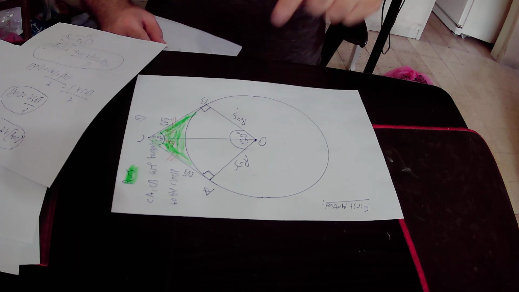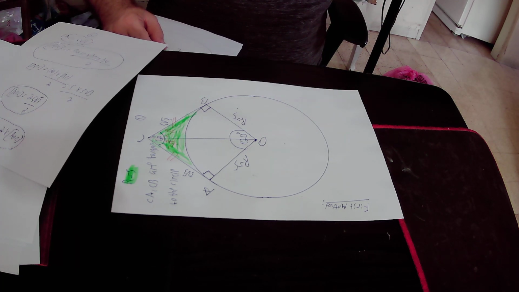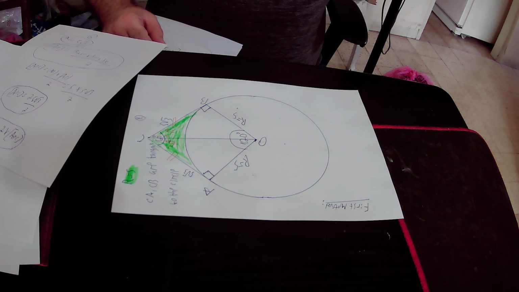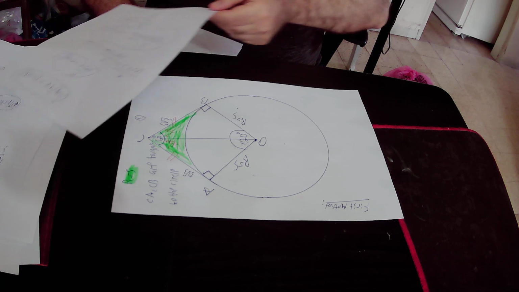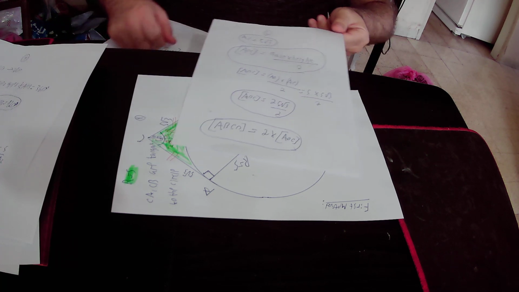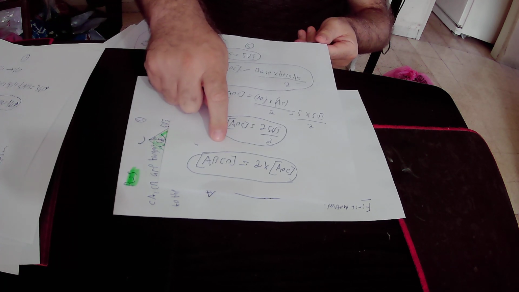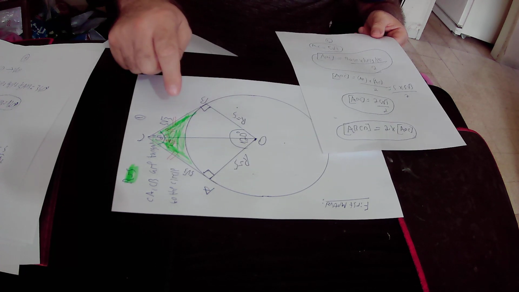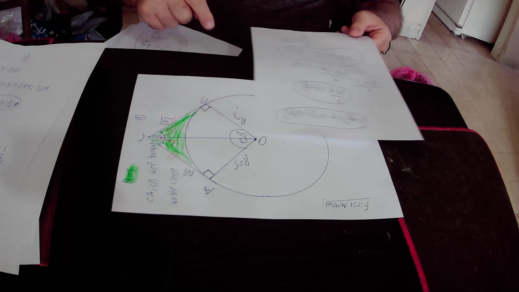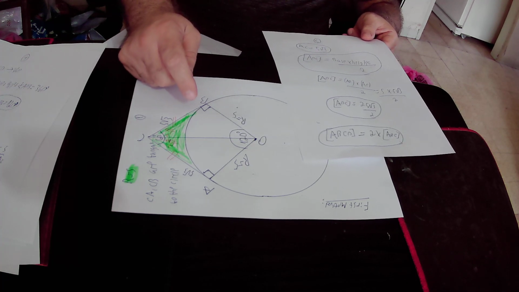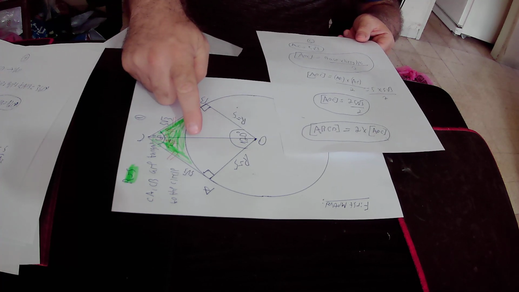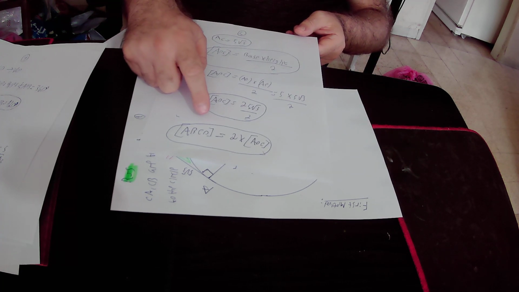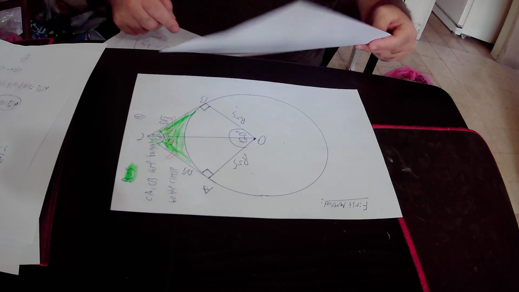So the area of quadrilateral ABCO will be equal to 2 times the area of triangle AOC, because triangle AOC is congruent to triangle BOC. So we can substitute the area of triangle BOC by the area of triangle AOC.